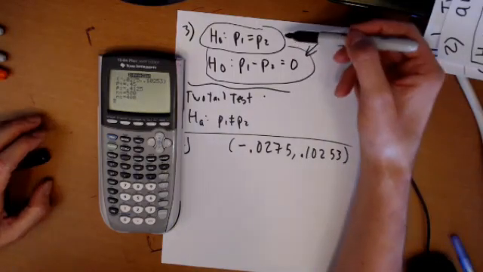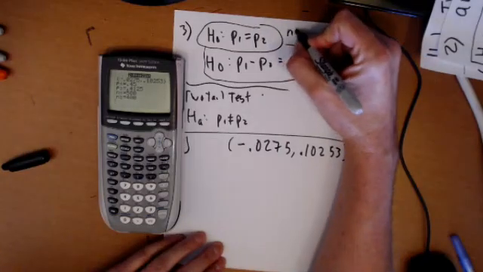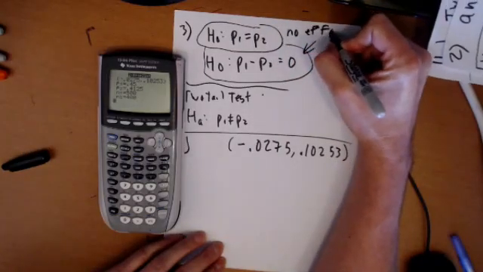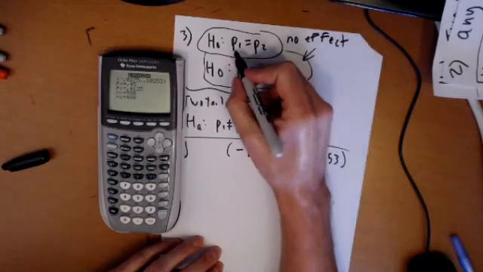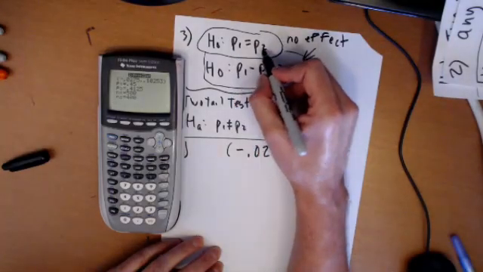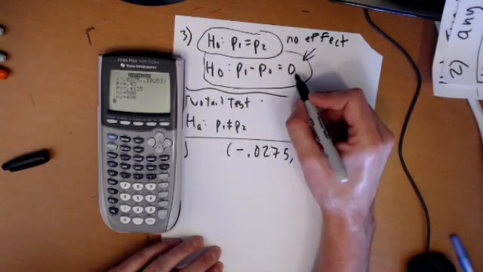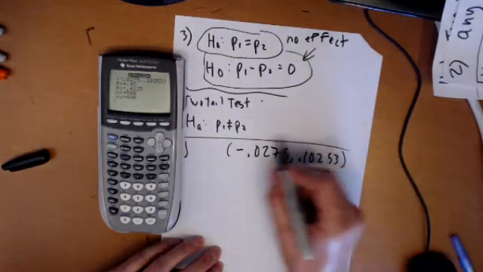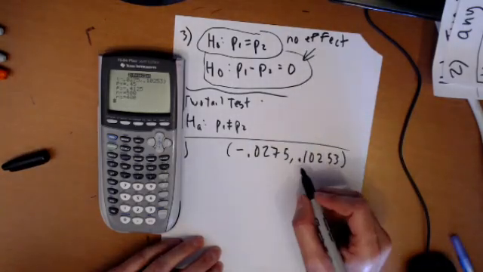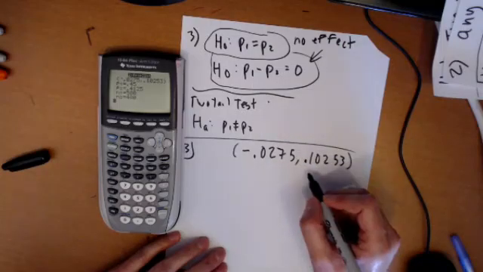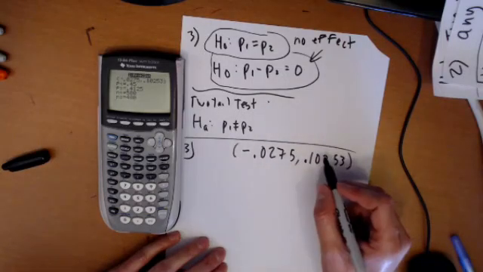So the null is the idea of no effect. Proportion 1 is basically the same as proportion 2. Their difference is nothing. Is 0 in this interval? Yes, 0 is in this interval.